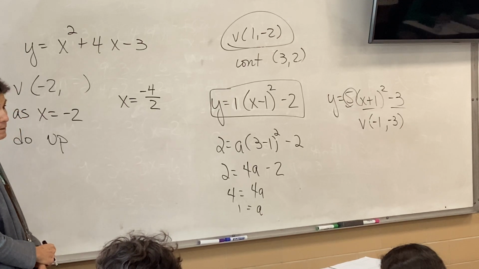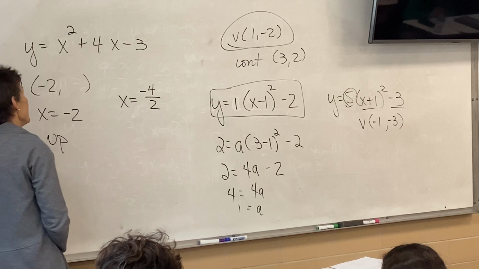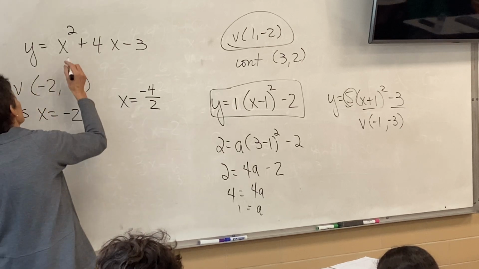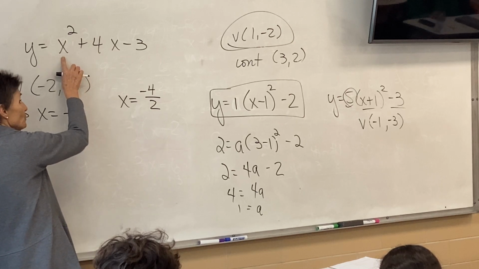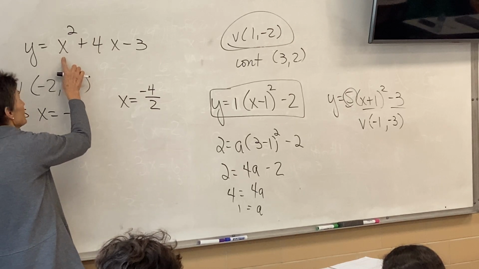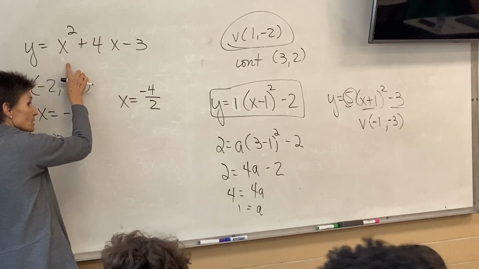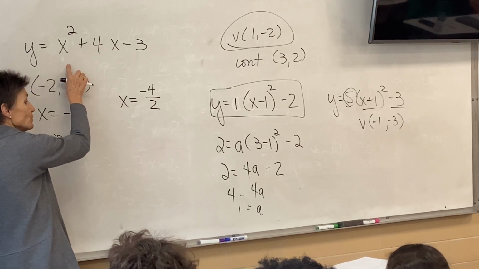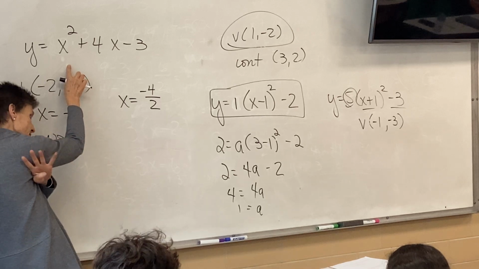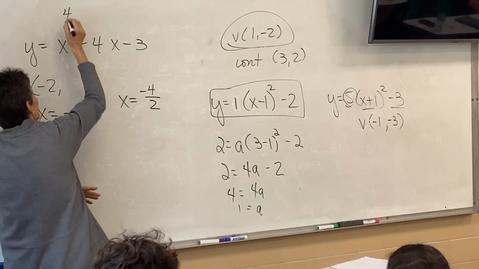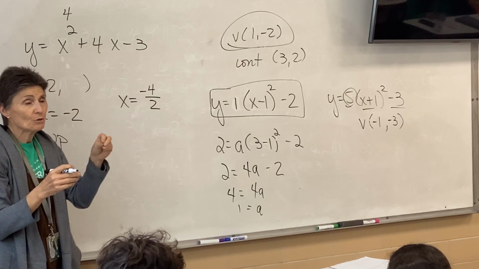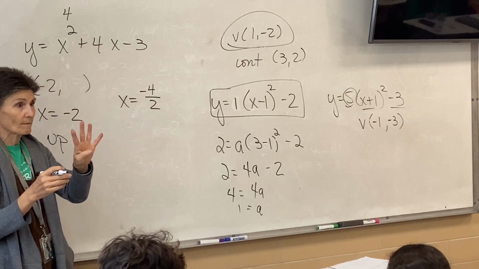And how do I find y? Plug it in. And plug it in carefully. Oh, guys, come on. So, what's negative 2 squared? Negative 2 squared is negative 2 times negative 2, which is positive 4. That's the kind of mistake you guys have to stop making. Negative 2 times negative 2 is positive 4.